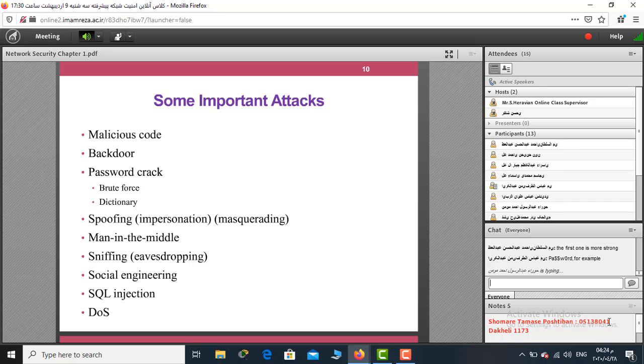Yes, a password that is written in this way is a sample of a good and strong password: P and at sign instead of A and $2 instead of S. Yes, the first one is stronger. Why? In terms of brute force, these two are the same.